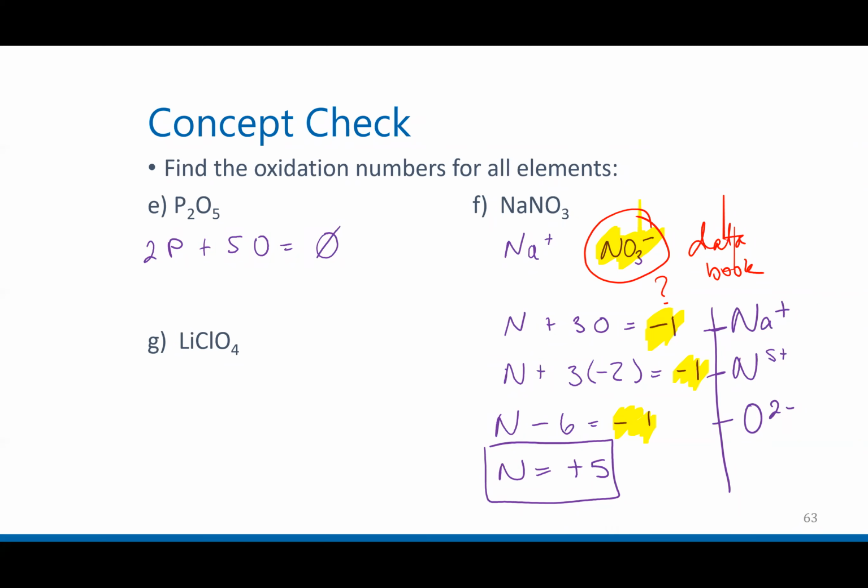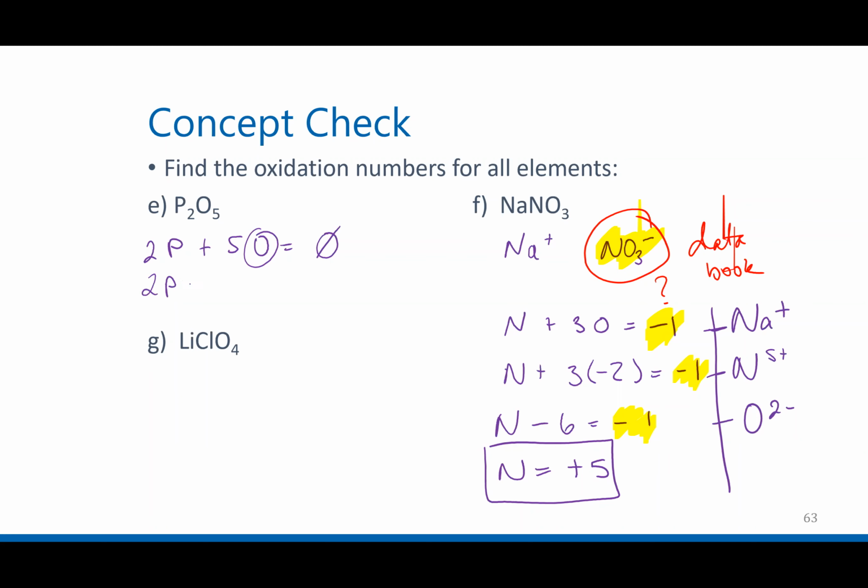Okay, so rule number 1, it's not ionic, doesn't apply. Rule number 2, we can do that. I just did that. Rule number 3, is there hydrogen? No. Rule number 4, oxygen or fluorine would take their own charges. You won't see anything outside of oxygen or fluorine in chemistry 1120 or 1121. So I have oxygen here.